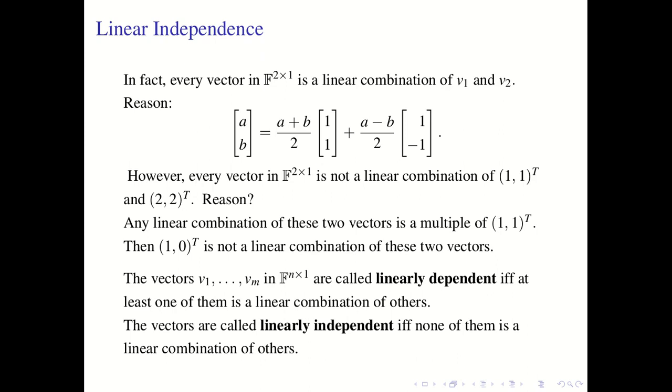If you take any linear combination of 1 1 and 2 2, both their coordinates will be equal. So if I take any vector with coordinates a comma b with a not equal to b, that cannot be a linear combination of 1 1 and 2 2.